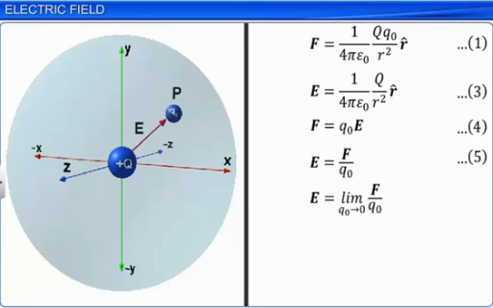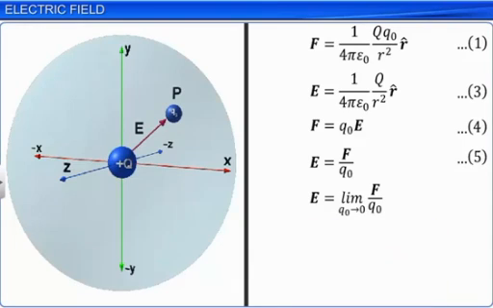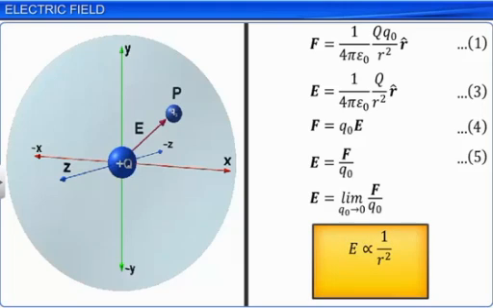For a given distance r from the source charge q, the value of 1 by 4 pi epsilon naught is always constant, and hence E, as given by equation 3, will also be constant. Hence, the electric field strength E at any distance r from the source charge q is independent of the test charge q0.